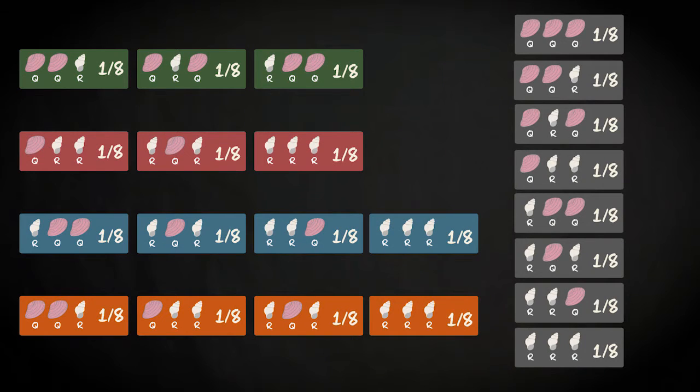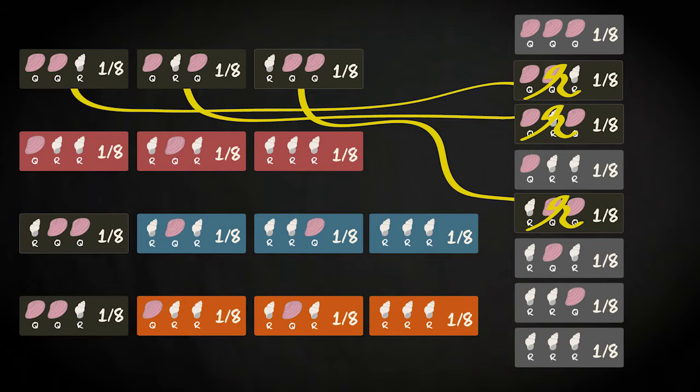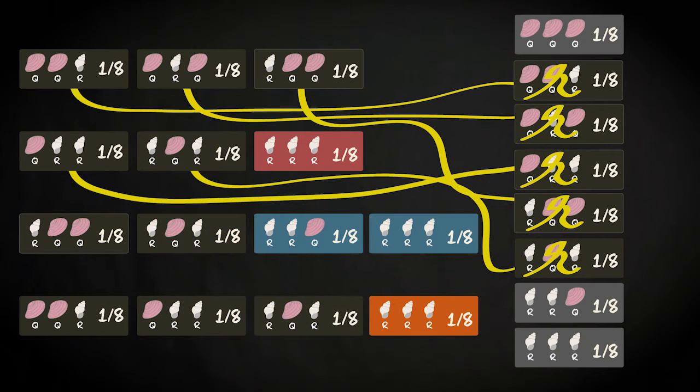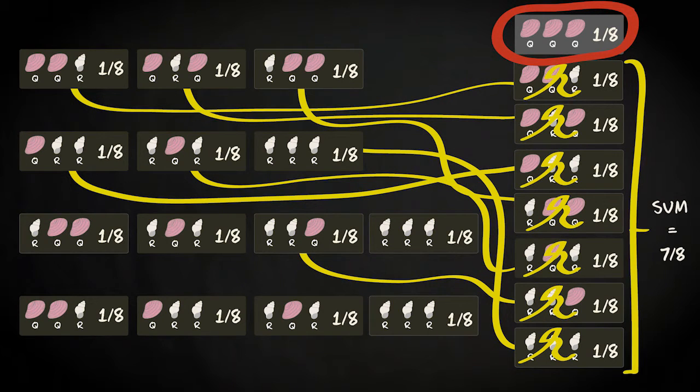You can list the 8 elementary events and just tick them off one by one if they occur in any of the 4 combined events. In the end, only the outcome where you pick up no R shells appears to be absent from the 4 combined events, while the other 7 outcomes are part of at least 1 combined event. So the probability of the union of these 4 events is 7/8.